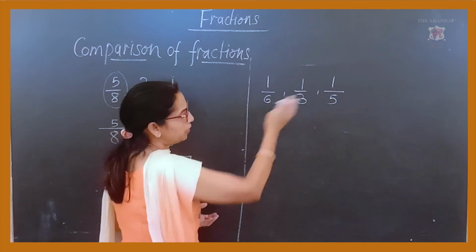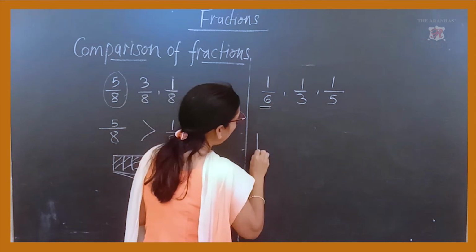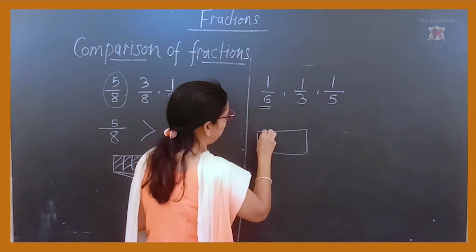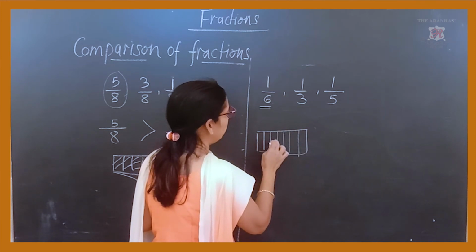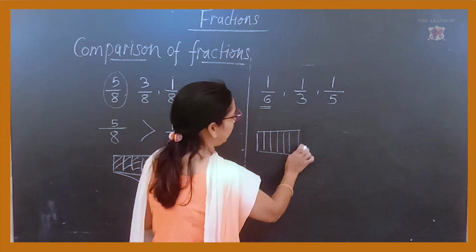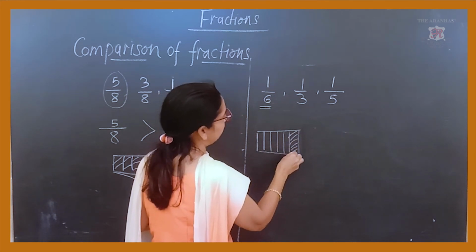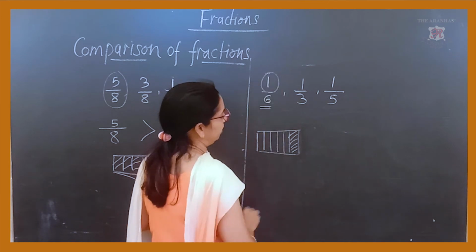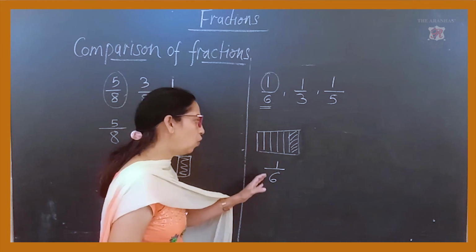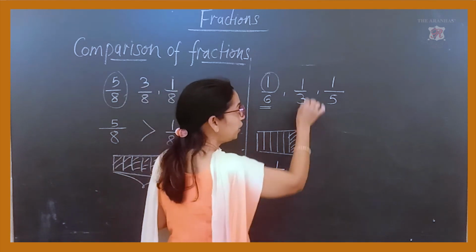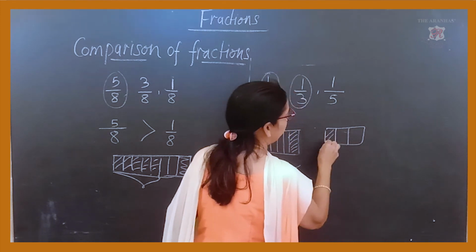Now, by observing also, whenever you will think this 6, so out of 6 parts, suppose this is 1, 2, 3, 4, 5, 6. Okay, so out of 6, when you take 1, then out of 6, you will take 1 will be always less. When you take out of 3, this one.